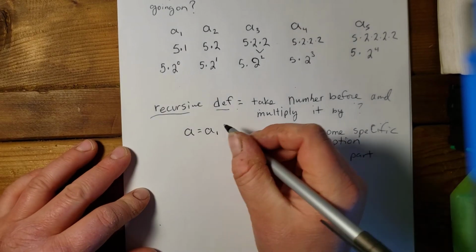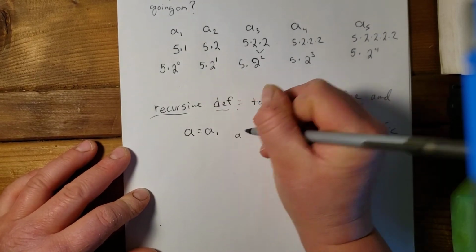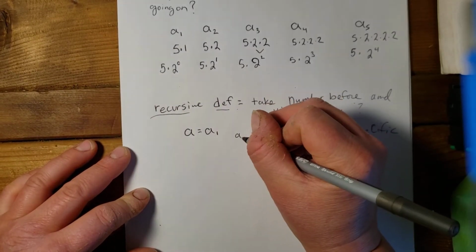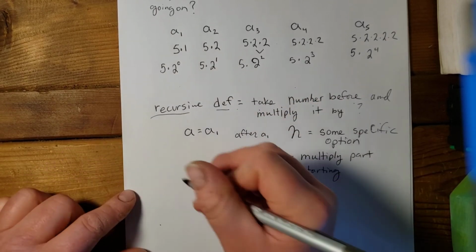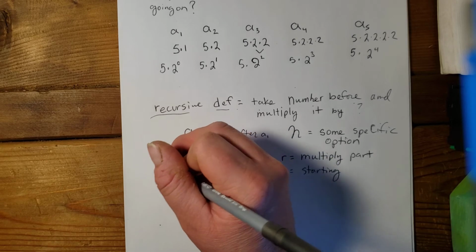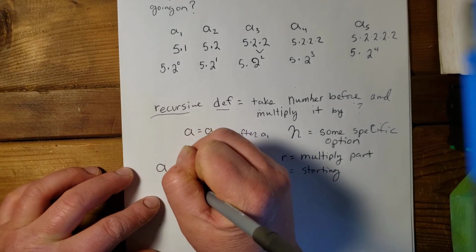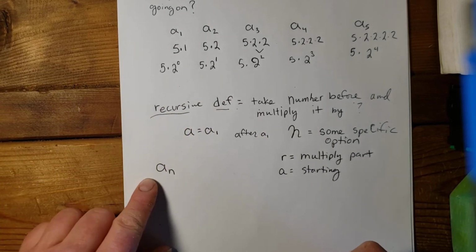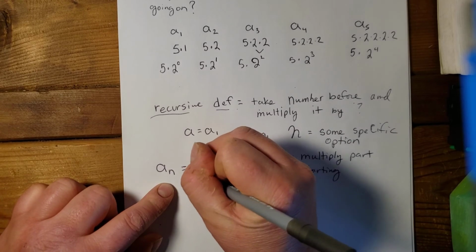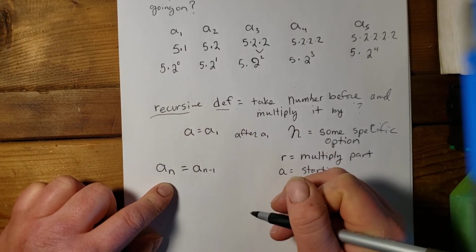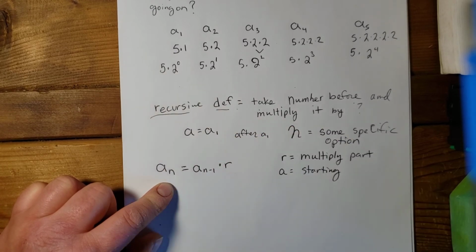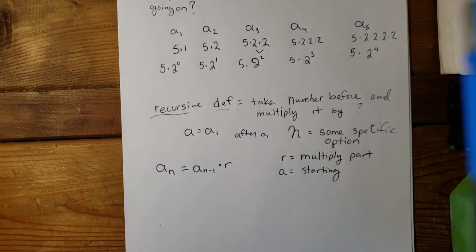All right, so for anything after A1, we can say that our value, A sub n, means any value in our sequence is equal to the one before it times R. All right, that's a recursive definition.